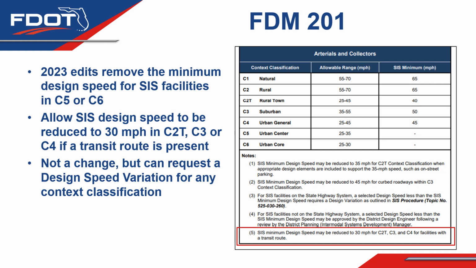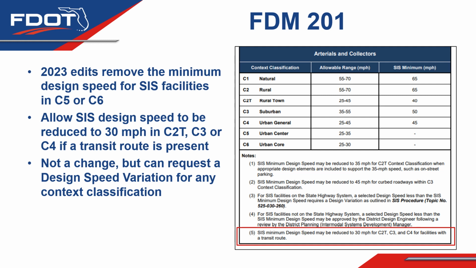Over and above that, we still have, which we've always had in place, a design speed variation that can be requested. And so if you have an SIS facility and you think the minimum speed is too high and it doesn't meet one of these other conditions that would let you have a lower speed, you can always request a design speed variation. And those do come through from time to time. They get looked at, and to my knowledge, those have always been accepted.